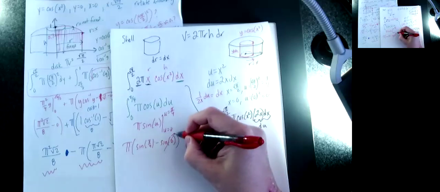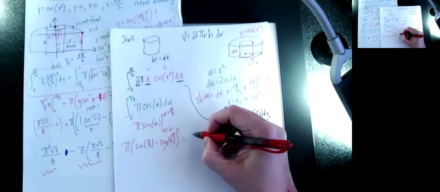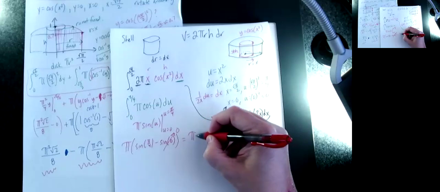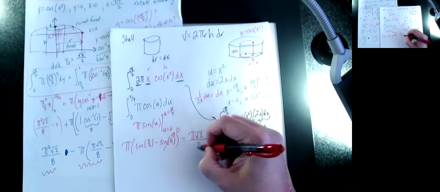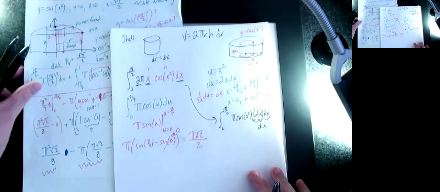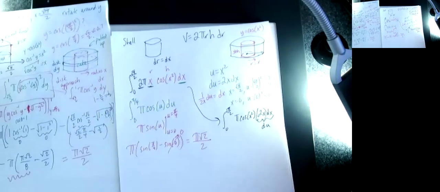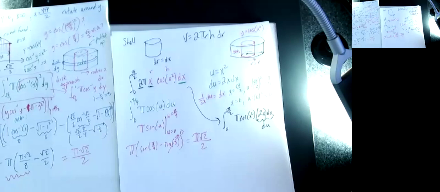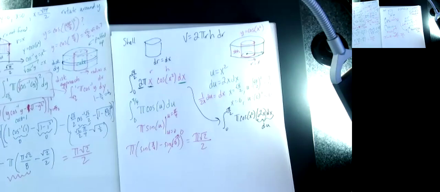Sine of 0 is just 0. Sine of pi over 4 is √2 over 2. And isn't that what we had left with the disk and washer method? But this was a lot easier. Simple, easy use of simple substitution.